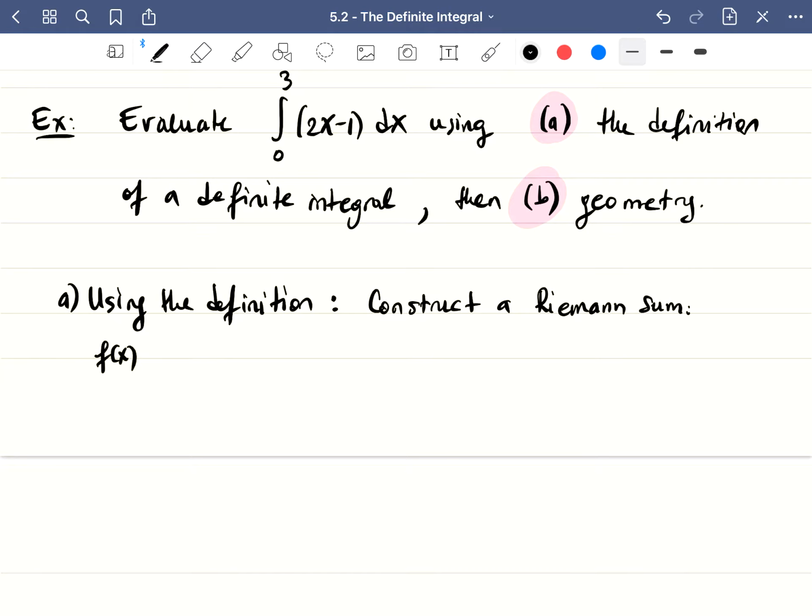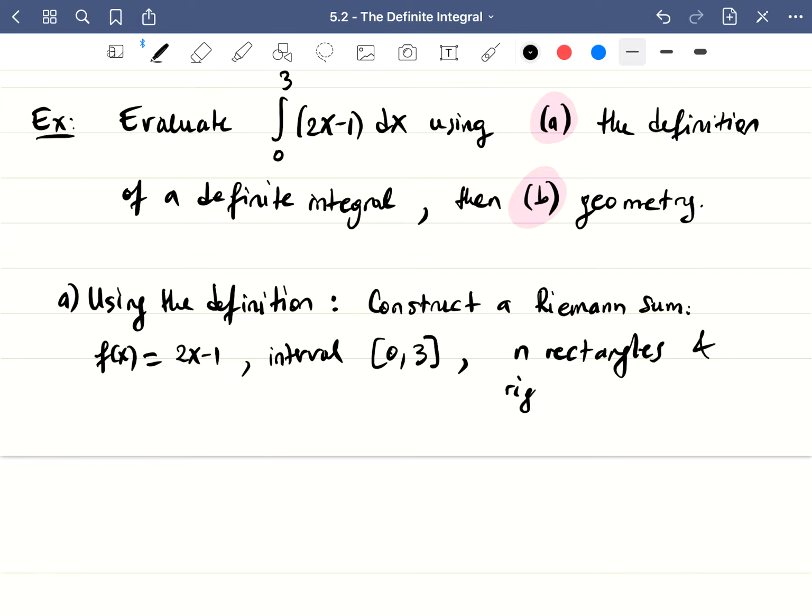My function is 2x minus 1, and the interval is 0, 3. Those are the limits of integration. Then we're going to use right endpoints and n rectangles.